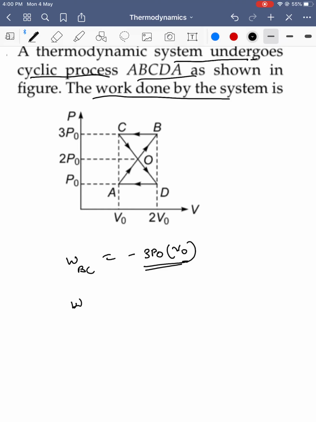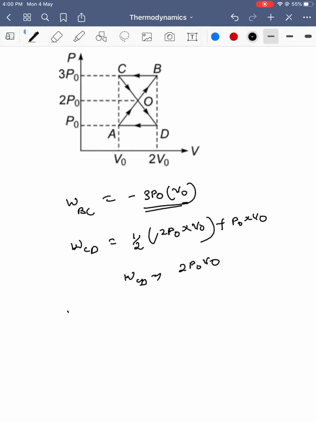Work done in CD is equal to two parts: half into breadth into height, half into 2 P0 breadth into width V0, plus P0 into V0. So it is equal to 2 P0 V0, the work done from C to D.